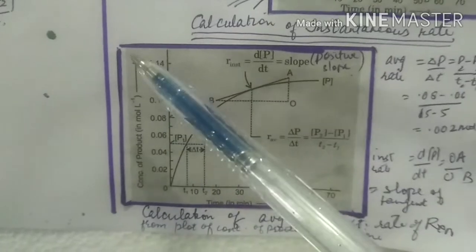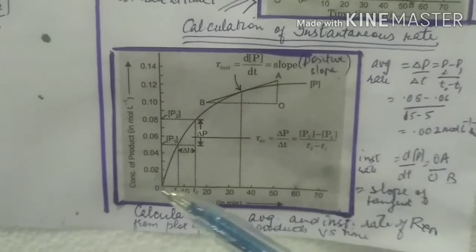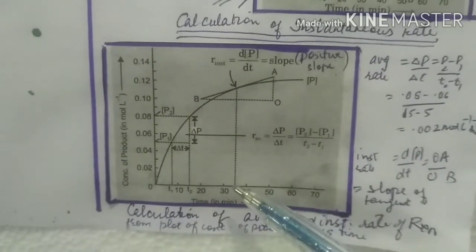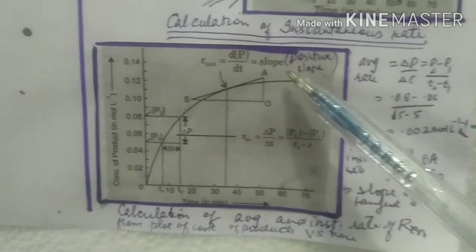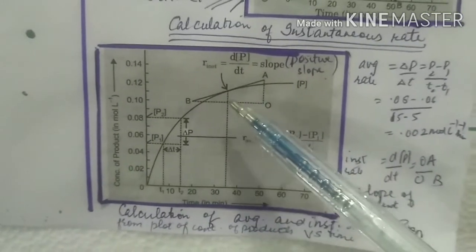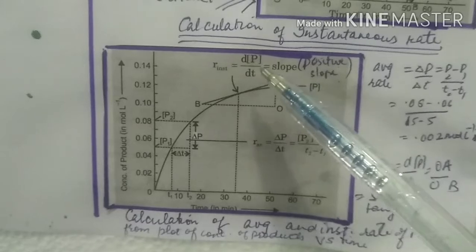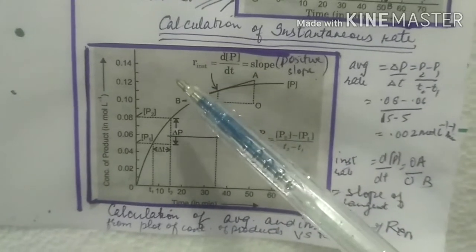So for finding rate from the concentration of products, we plot concentration of product versus time, and at the instant where you want to find the rate of reaction, you draw a tangent, and the slope of that tangent will give you the instantaneous rate of reaction.